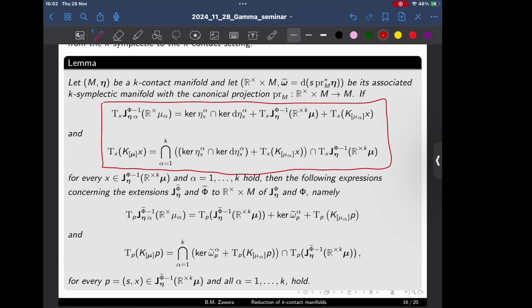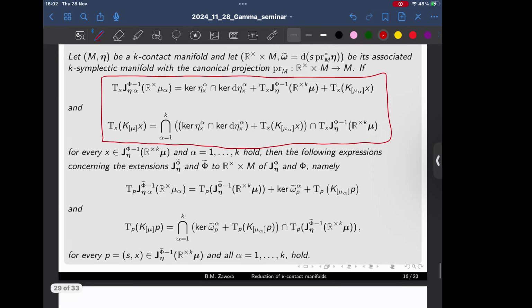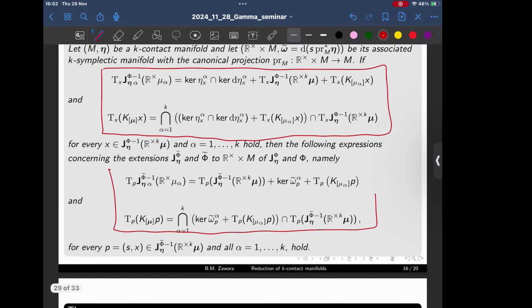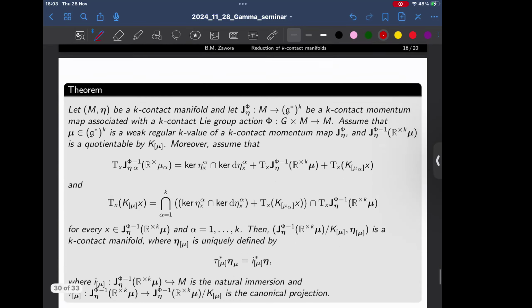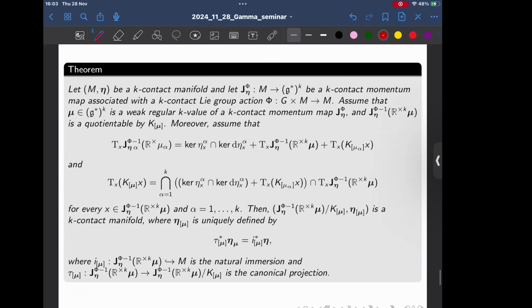This condition holds in a k-contact setting if these conditions hold in the k-symplectic setting. And again, they ensure that the reduced manifold is given by J phi to the minus 1 of R cross k mu divided by this k mu.